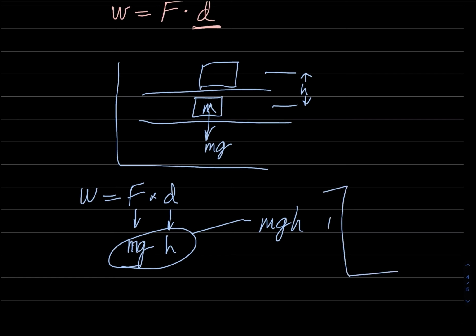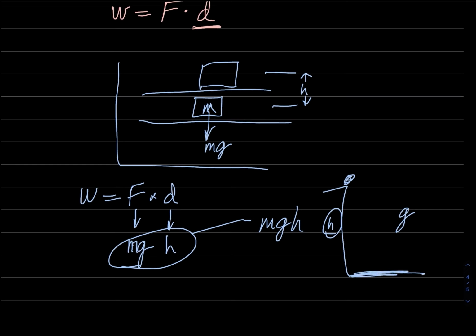mgh is the potential energy, the gravitational potential energy that a mass has in a gravitational field if it's at a height h above the ground, our reference plane.